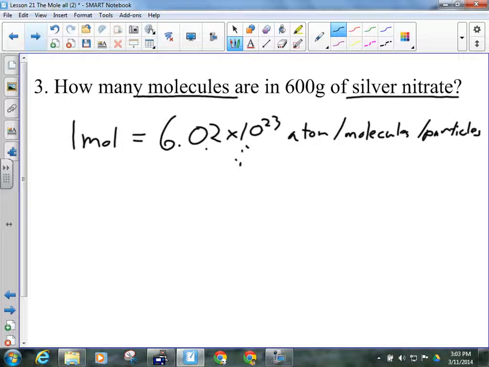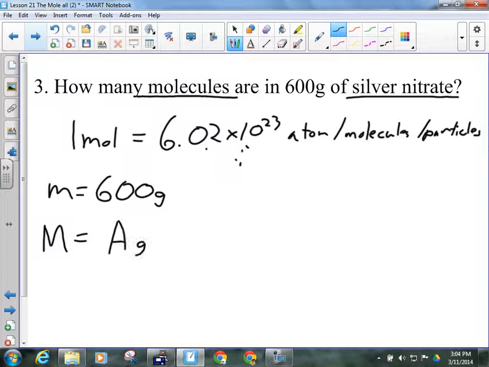What does this question give me? First off, it gives me mass: 600 grams. The other thing it gives me is that the material I'm dealing with is silver nitrate. This is a -1 and this is a +1, so that's swapped and dropped already.